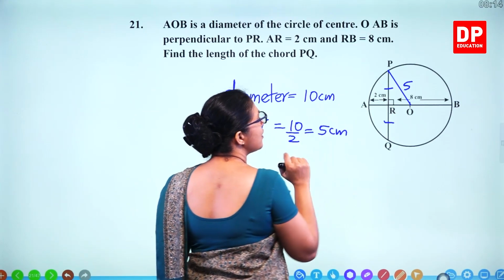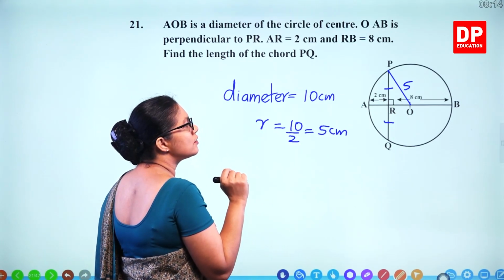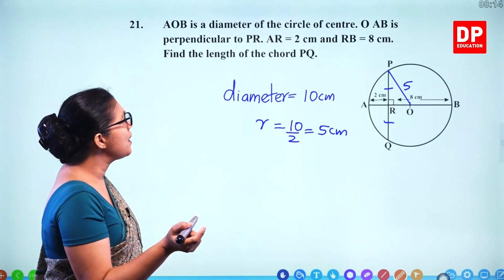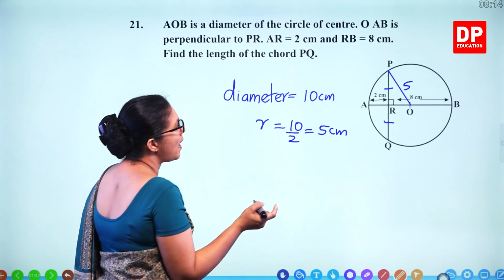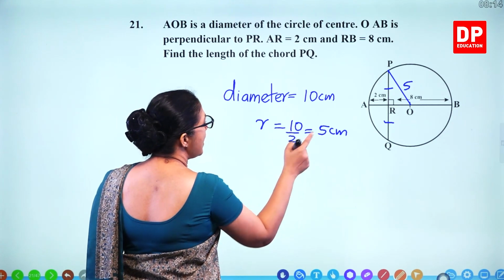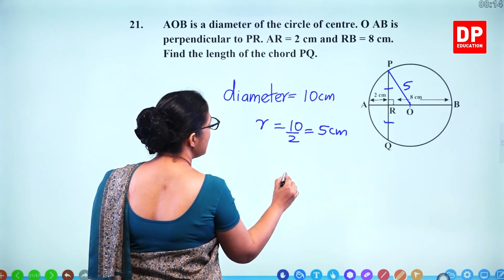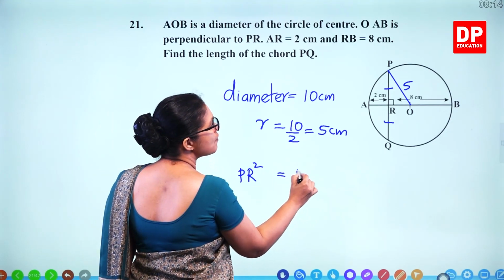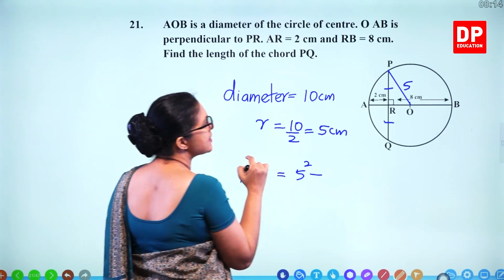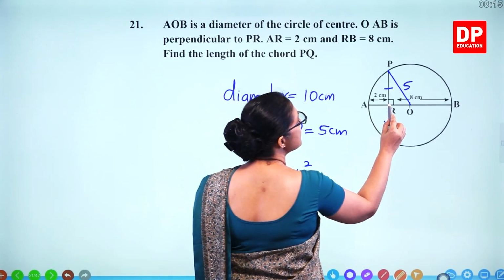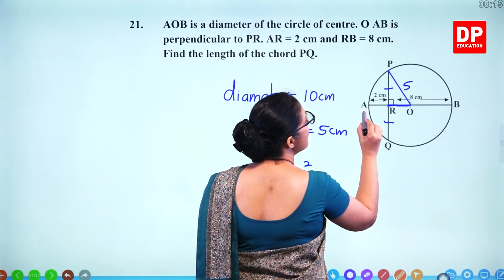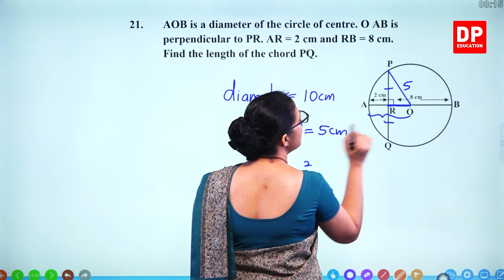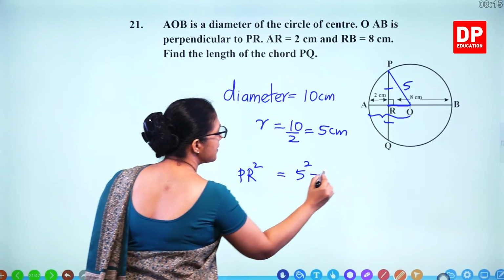After you find PR, multiply by 2 to get PQ. So use Pythagoras theorem. Radius is 5. That means PR squared is equal to 5 squared minus this length. 5 minus 2, that's 3.